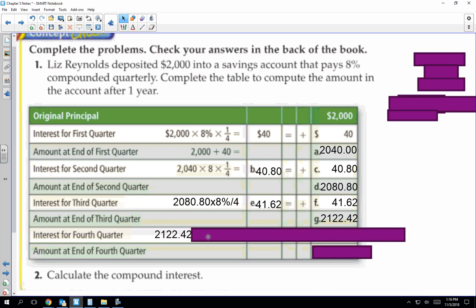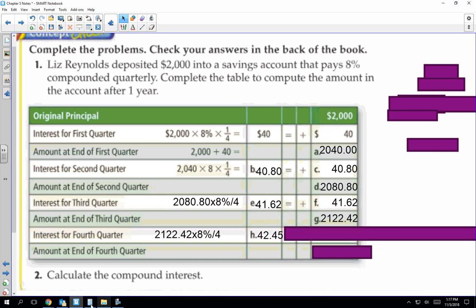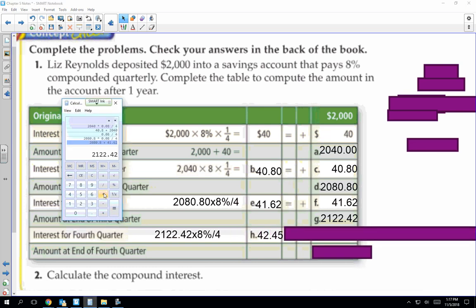And so we take that 2122.42, times it by 8% like we've done before, divide it by 4. 8% is because it's this 8% here, and divided by 4 because it is 4 quarters in a year. And we get $42.45.